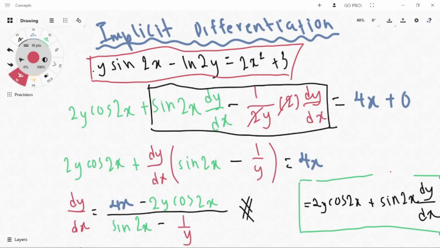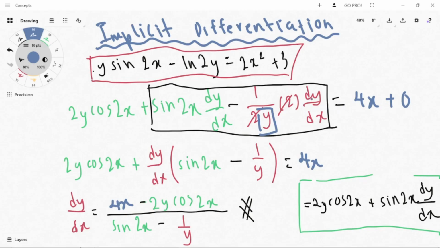After we finish differentiating the current expression using the product rule, all we need to do is simply differentiate the other expressions available. For the square root of y, when I differentiate it, I get 1 over 2 square root of y multiplied by dy/dx. Don't forget to differentiate the y. That's why we get dy/dx equals 4x plus 0.